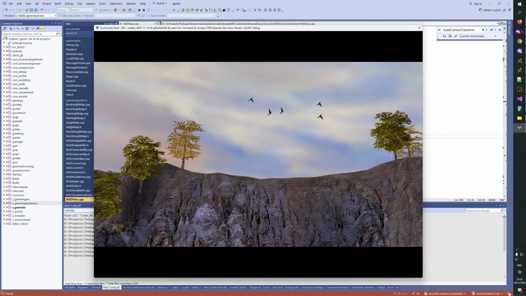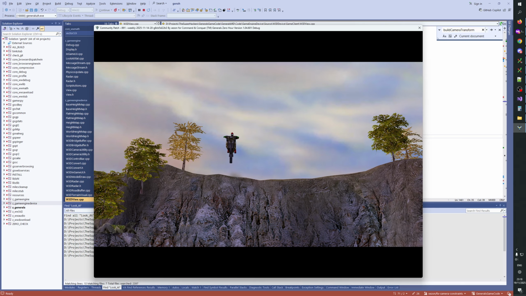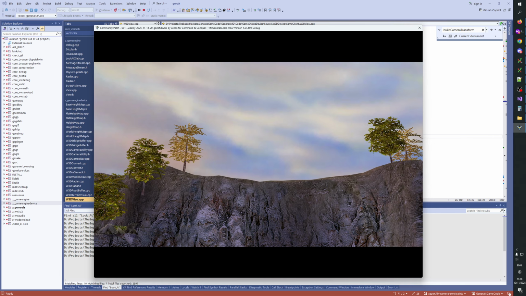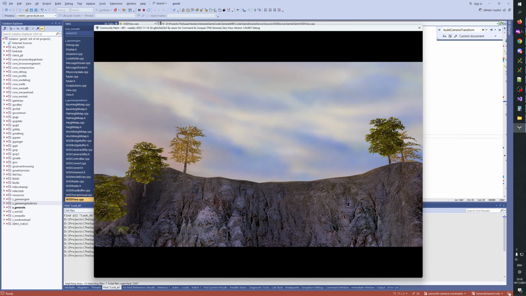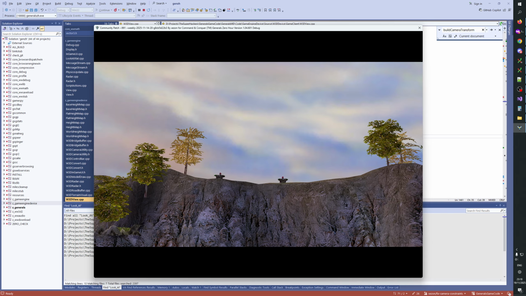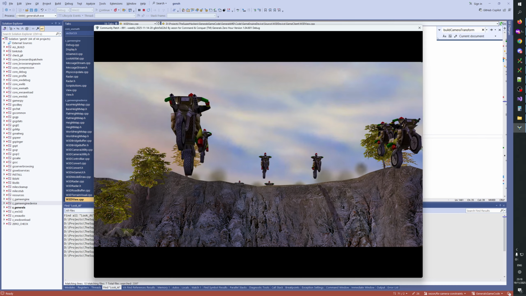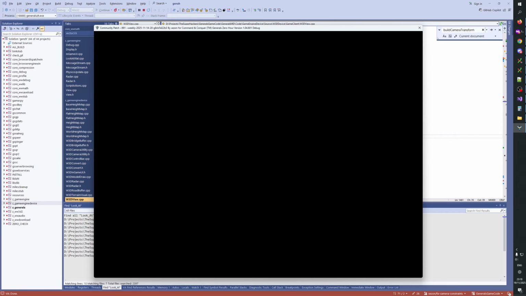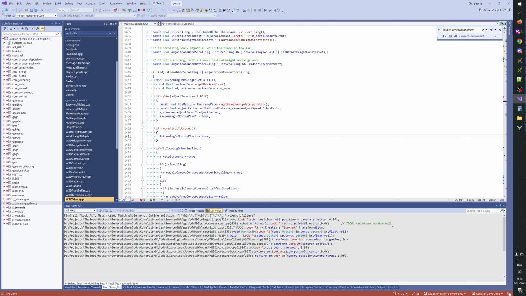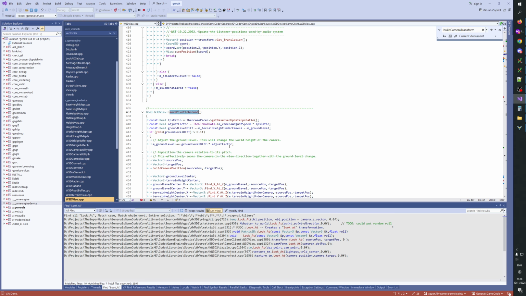So far, so good. But here, it broke. Okay, that's interesting. Why did this happen? Very interesting. Terrain height under camera.